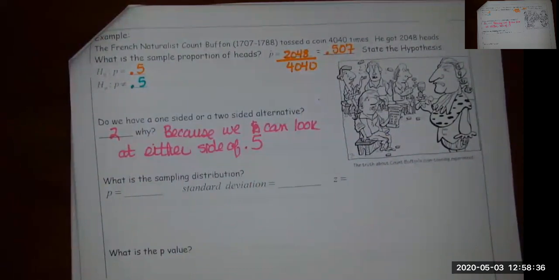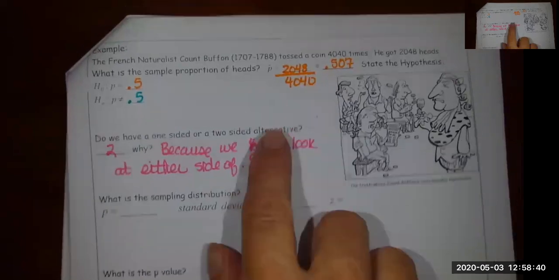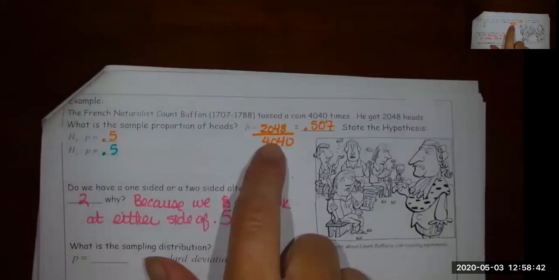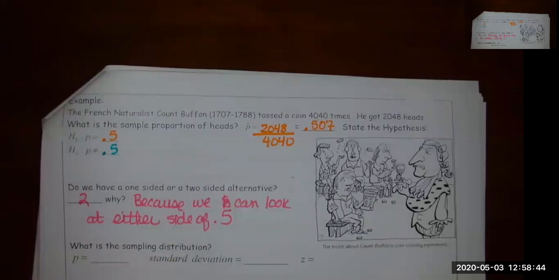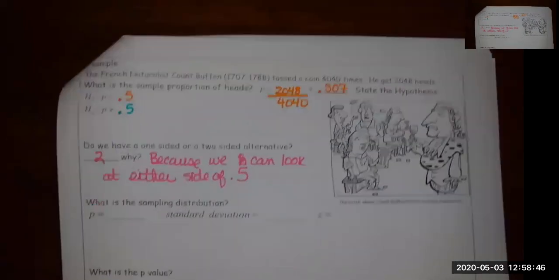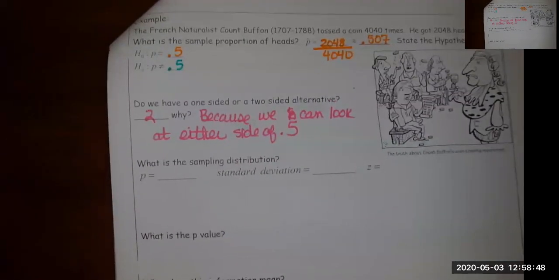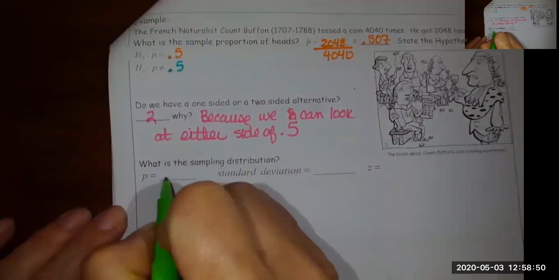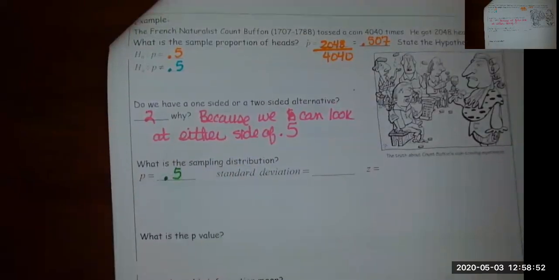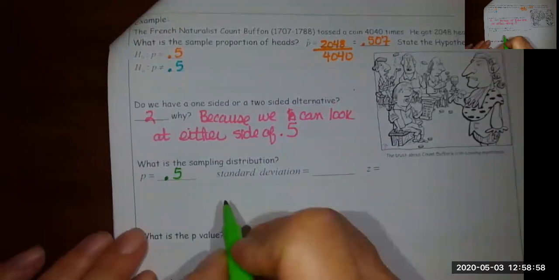What is the sampling distribution? Well, remember, p hat is what we really did. We flipped this coin. p is the truth. And what's the truth about coins? Well, the truth about coins is that they are 0.5. We know that if we flip a coin, we've done this in class together. What's the standard deviation?